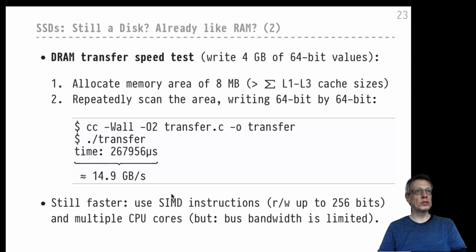And I could, of course, write to DRAM even faster if I would use the SIMD instructions of a modern CPU, so write larger chunks of data, or even play other tricks of parallelism, but still the memory bandwidth would limit me there. But 15 gigabytes per second is something that I could achieve here.